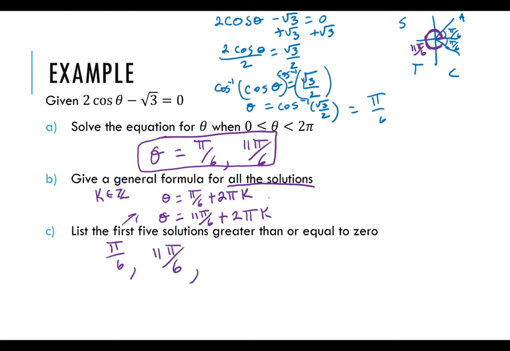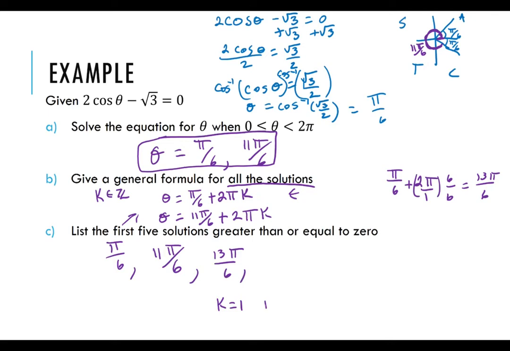Then I go back up to the next one here, and I let k equal 1. So when k equals 1, I get pi/6 plus 2 pi. I can then find common denominators. Well, 6 times 2 is 12. 12 plus 1 is 13 pi/6. And so the next one that occurs is 13 pi/6.